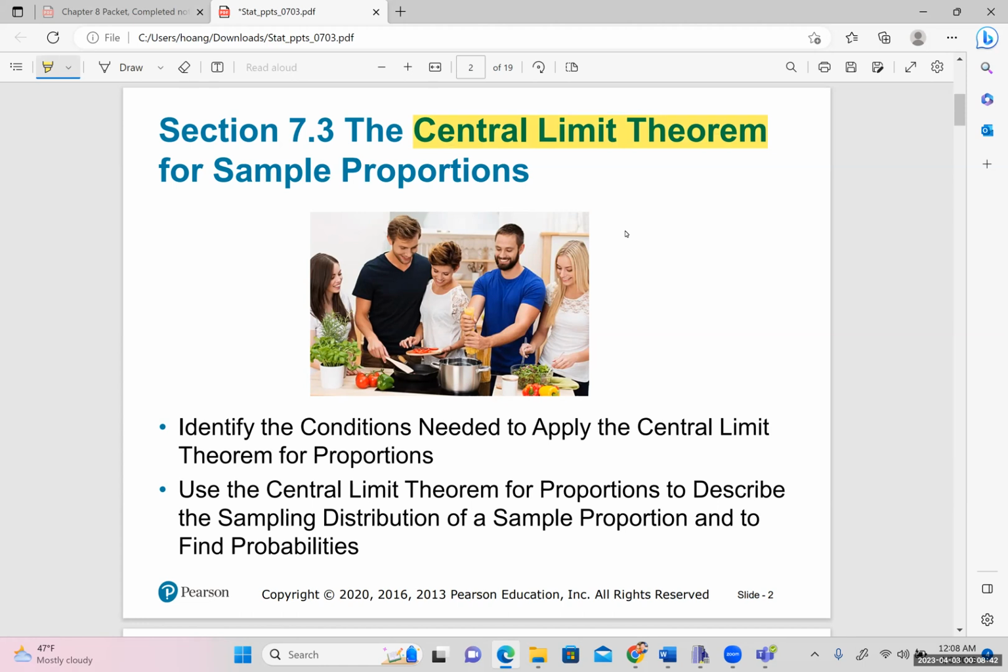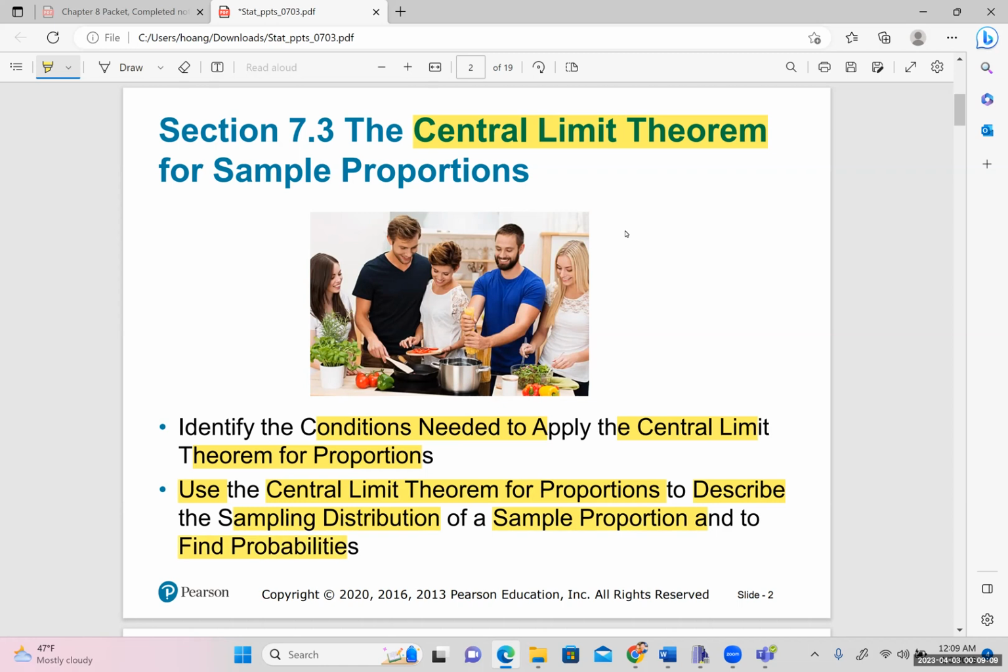We're going to identify the conditions needed to apply the central limit theorem for proportions, and use it to describe the sampling distribution of a sample proportion and to find probability.